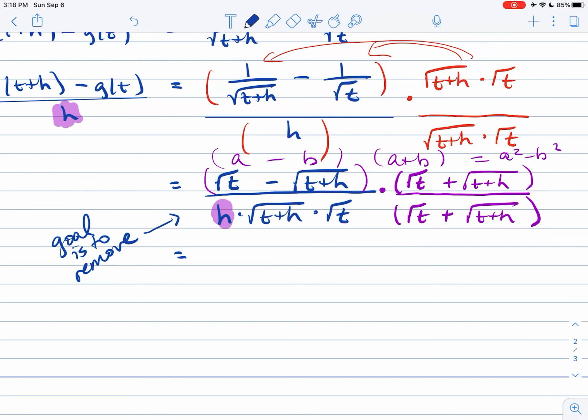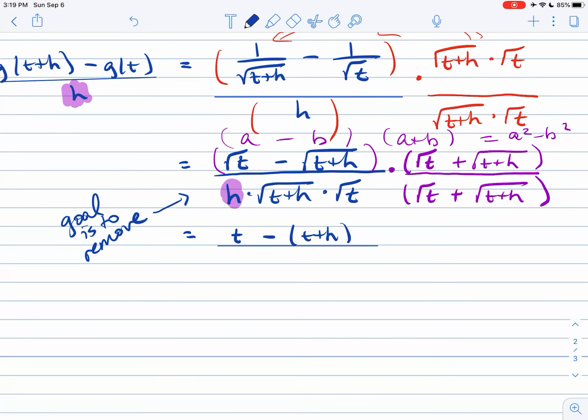Okay, so when I do that, I'm going to end up with, in the numerator, square root of t squared, which is t, minus the square root of t plus h squared, which is just t plus h. That is my a squared minus b squared.